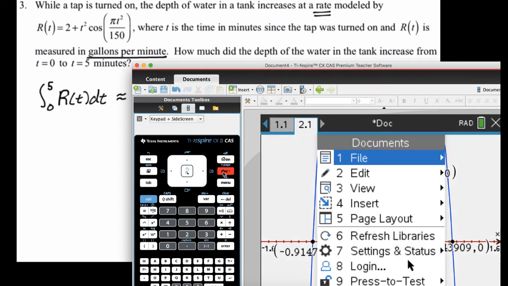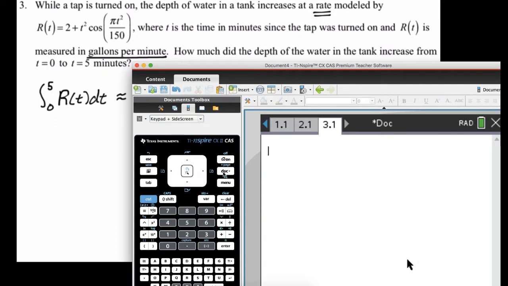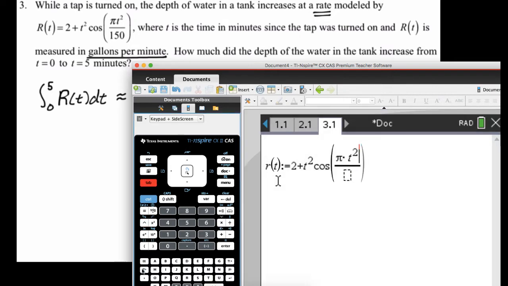Let's see. I'm going to do doc for new problem. I'm going to do this totally on the calculator page. So I'm going to define the function R of t colon equals 2 plus t squared cosine of pi, it's in the pi key, times t squared over 150.